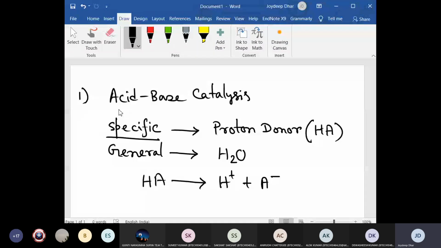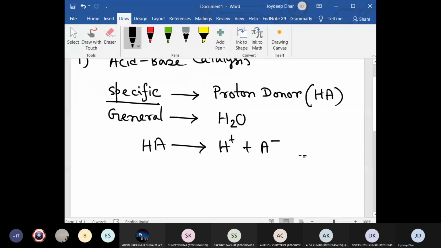Similarly, for specific base catalysis you must have OH minus ion as catalyst, if H plus was the case for acid.